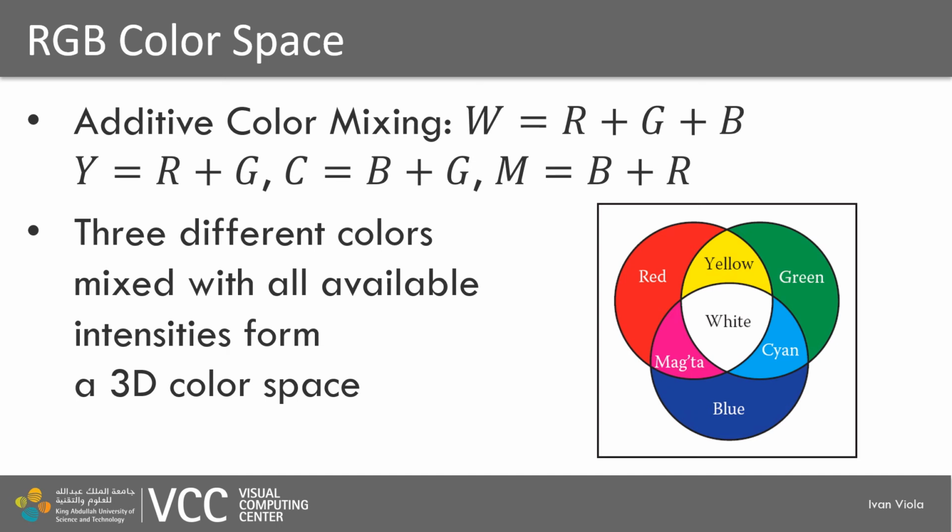The primary colors, red, green, and blue, in our concept of RGB color space, when they are all on at the maximum intensity, form the white color. And if, for example, only the green and red channels are on and the blue channel is off, we will have as an outcome a yellow color.